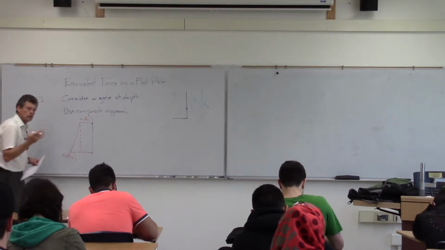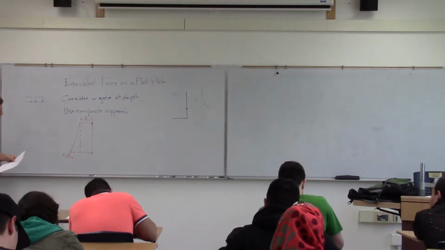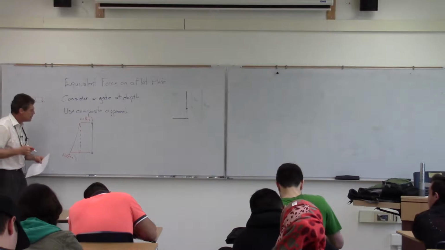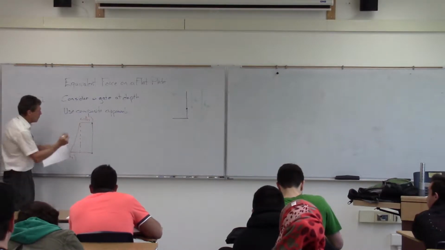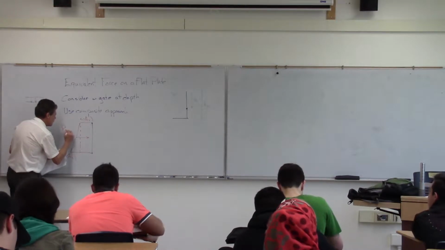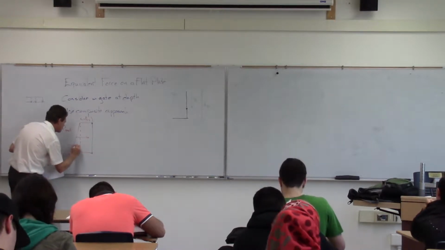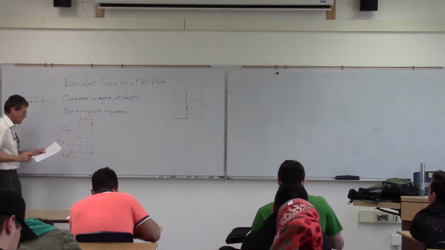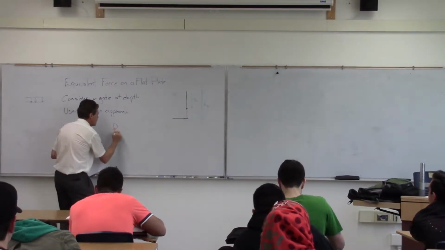And what we're going to do is, just like we did with the beams, just do a composite approach. Now, your author uses two triangles. I use a rectangle and a triangle, but either one works. What we're going to do is create an equivalent load here, our rectangular in this particular case, and our triangular.